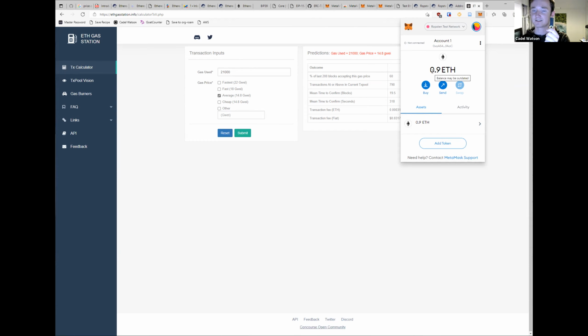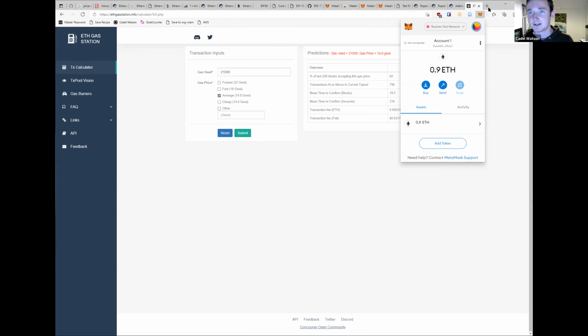This device signs the transaction and sends it back to the computer. So at no point does my private key ever leave this device. It never goes onto my internet connected computer or to anything that's publicly accessible. So as long as I've got this, it's impossible to steal my private key, which is really cool.